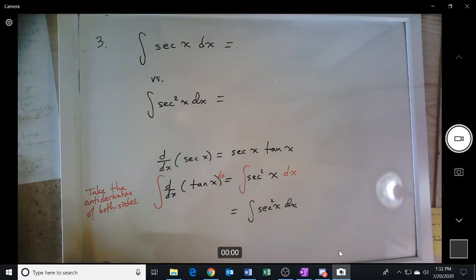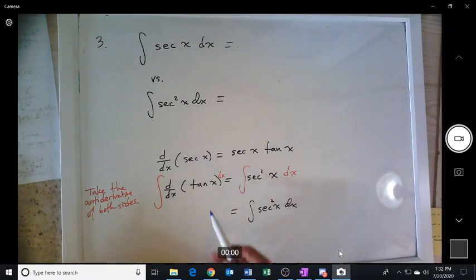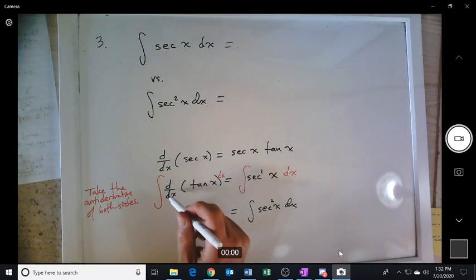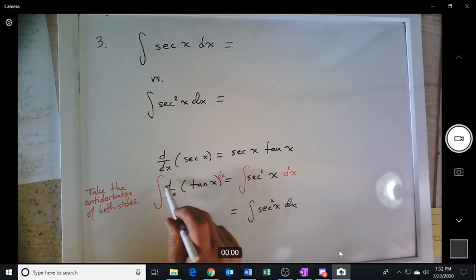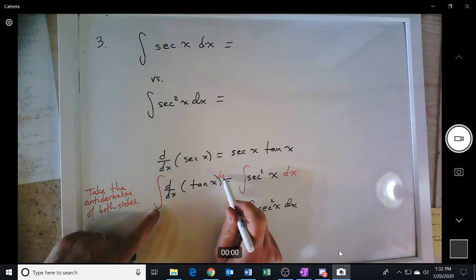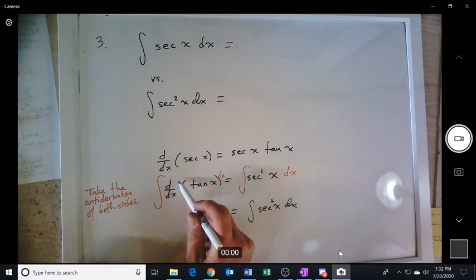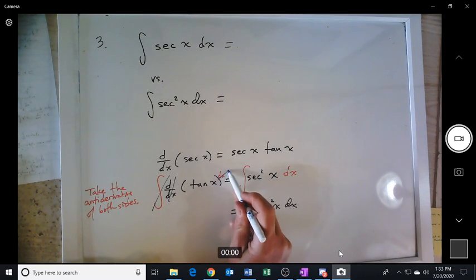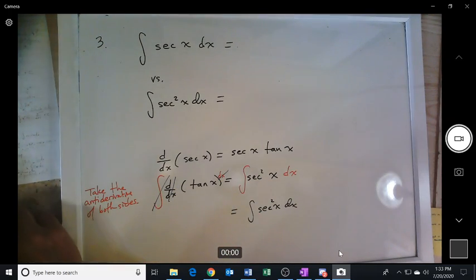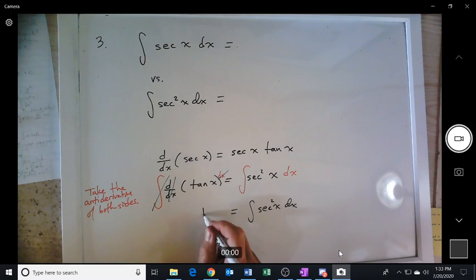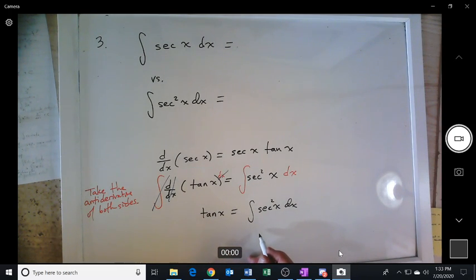What happens is, taking a forward function and an inverse function, this is antiderivative, this is derivative. They kill each other off. And all you're left with is tangent. Now, when you take the integral of something though, you always have to remember to stick this plus c. So let's just turn this around.